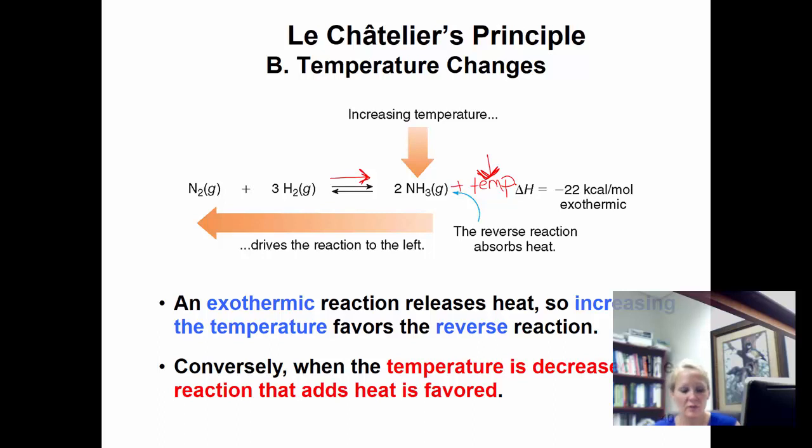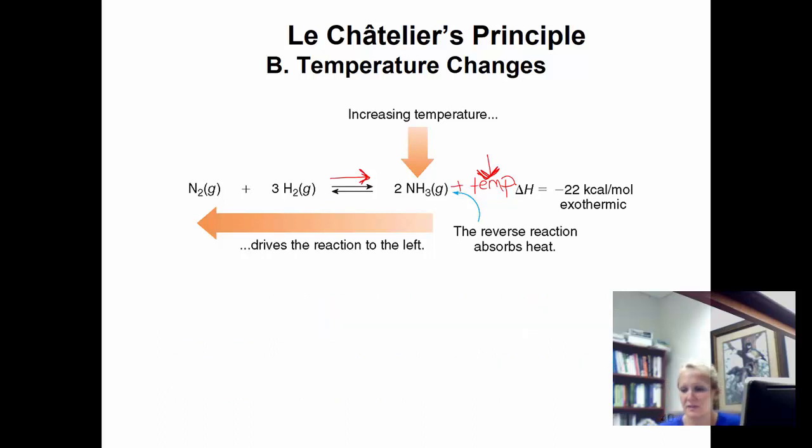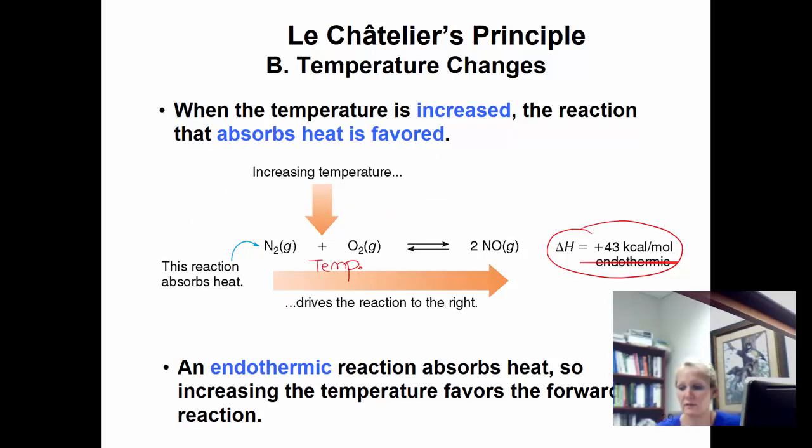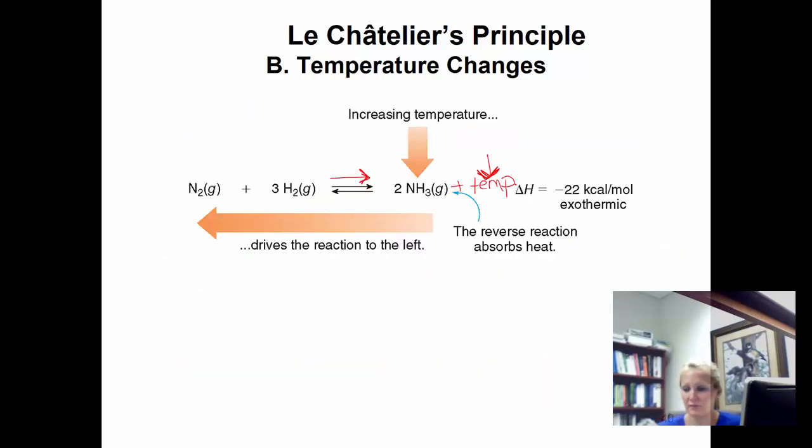For an endothermic reaction, I consider that temperature increase or decrease to be on the reactant side, because endo means gain, had to gain energy. And for exo, it means energy is released, so I consider this to be on the product side, and then I do the same thing. If it increases or decreases, I shift the equilibrium from that.